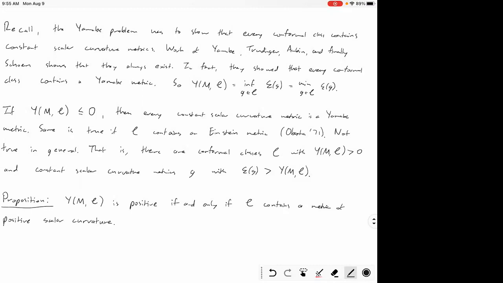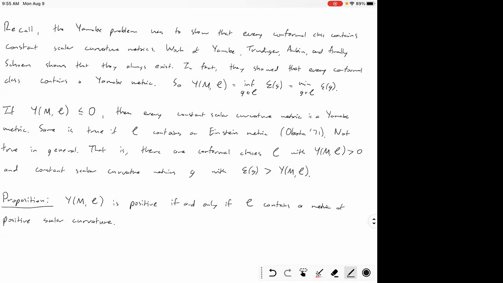Right. So the scalar curvature function is positive at every point. That's what it means for this Yamabe constant to be positive. Doesn't mean that every metric has this property, but there is at least one. Okay, so that's one way we can characterize these conformal classes which seem to behave differently to the general case.